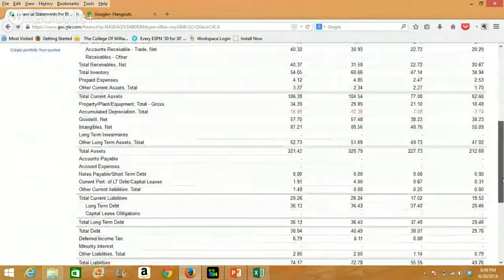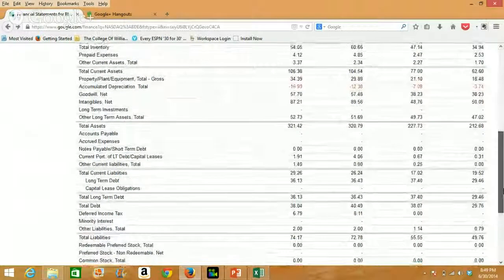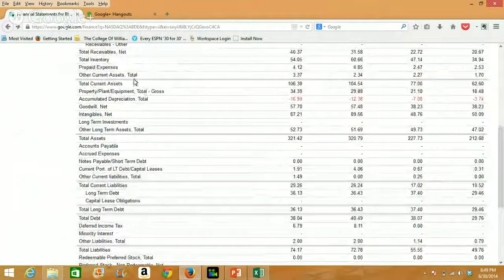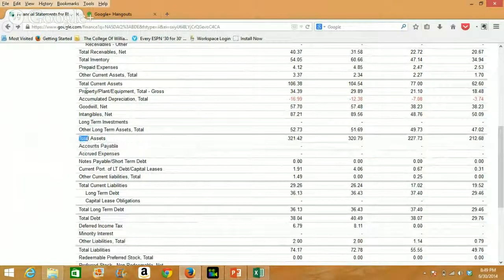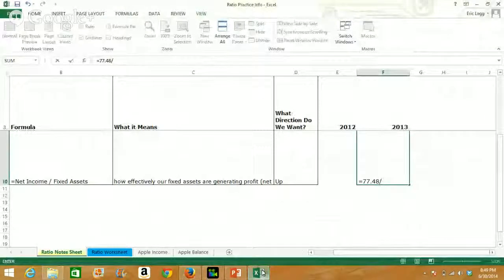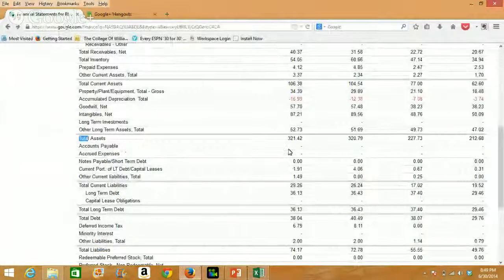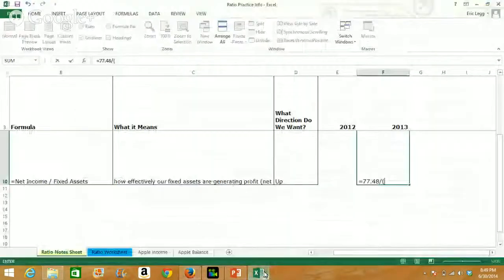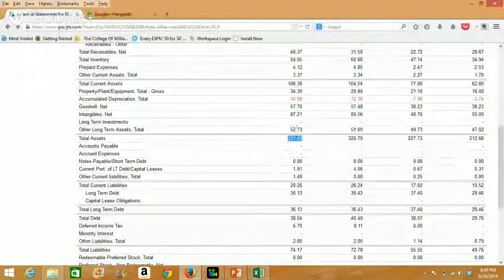And you may remember we don't see this quite so easily. We have total assets somewhere here. Total assets and total current. So we can find it by just subtracting total assets 321.42 right there minus current 106.38 there.